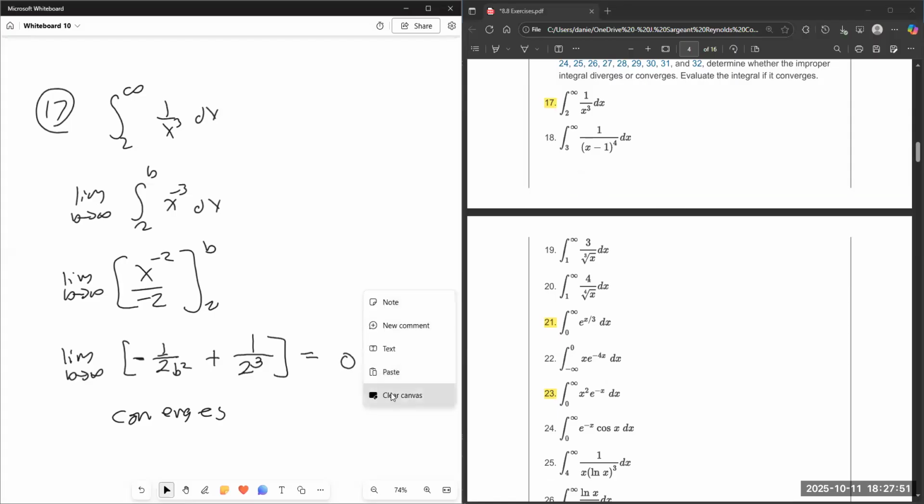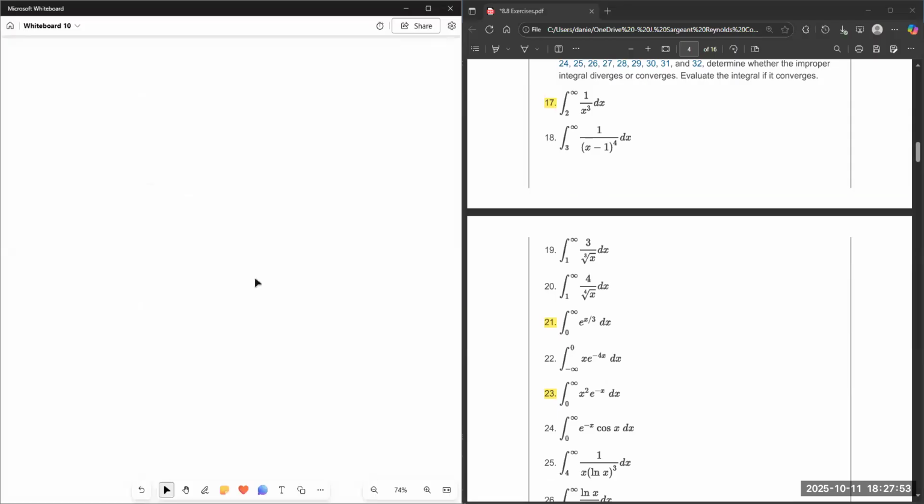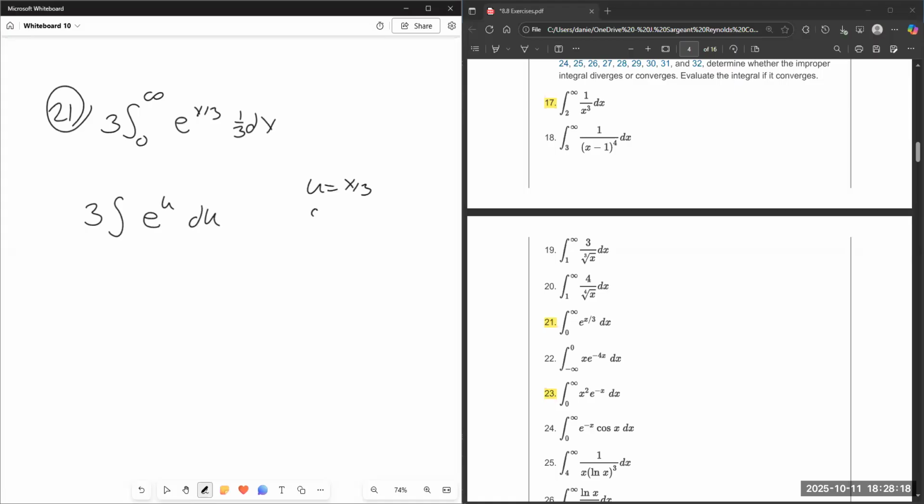Let's look at number 21. The integral from 0 to infinity of e to the x over 3 dx. Need a 1/3, and I need a 3. Let's go ahead and look at 3 times the integral of e to the u du, where u is equal to x over 3, du is equal to 1/3 dx.